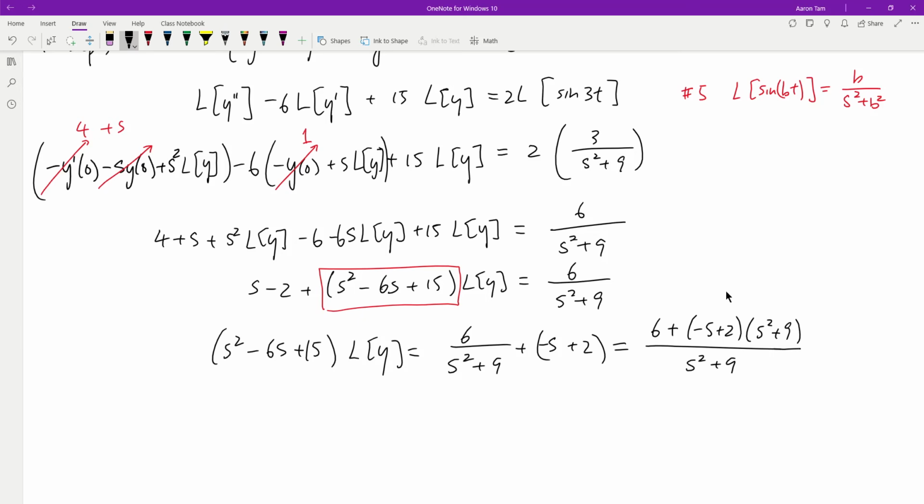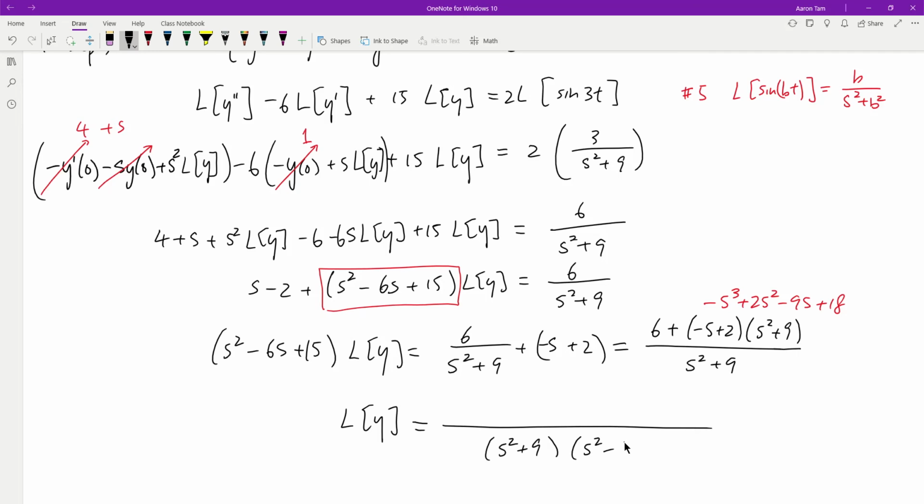So if I multiply this out, that should be negative s to the third. Maybe I use red, so that would make it stand out. Negative s to the third plus 2s squared minus 9s plus 18. So if I combine them all together, and then I'm just going to divide the s squared minus 6s plus 15 on this side.